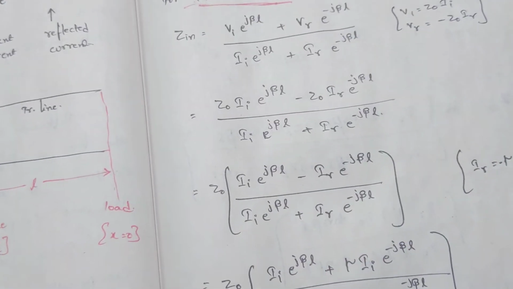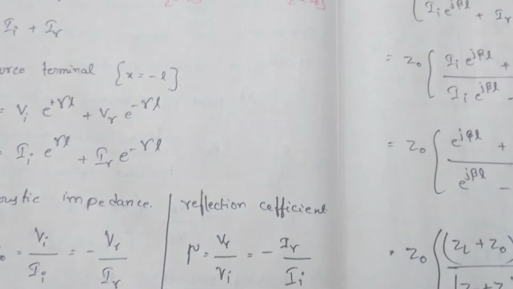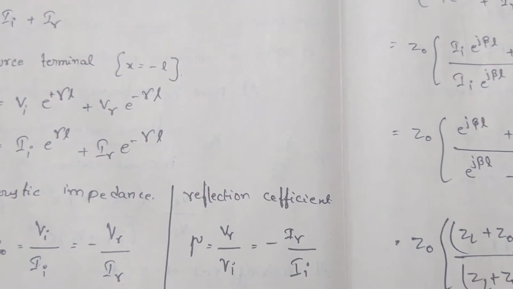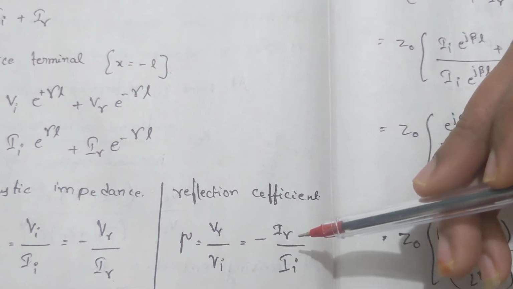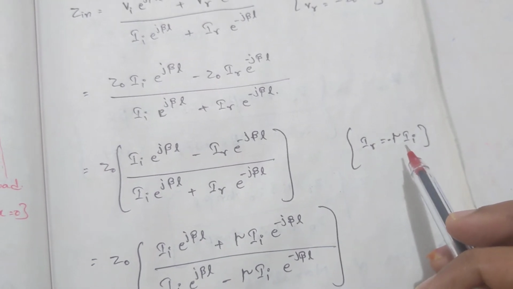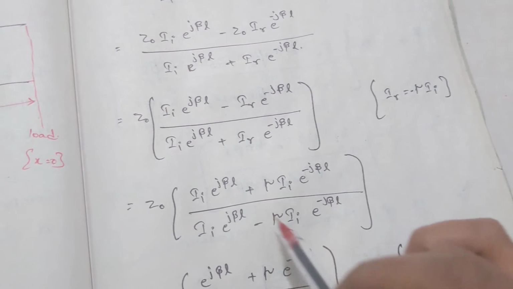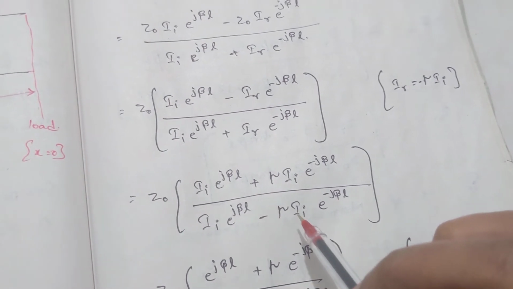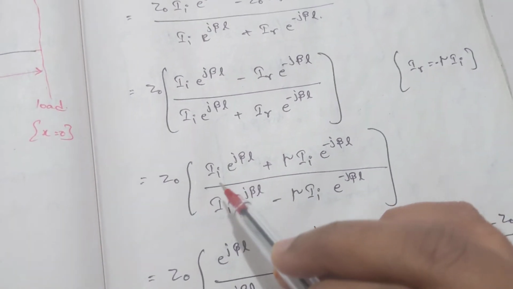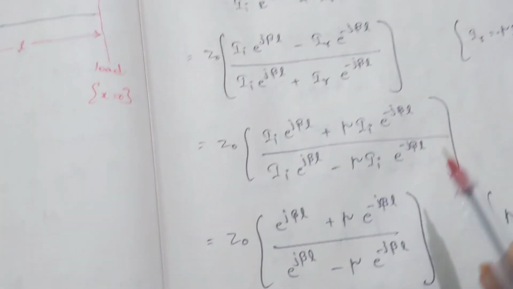By using your reflection coefficient, we make it common in terms of the reflected current: IR equals minus reflection coefficient into II. Now the expression is in terms of the incident current II, so take it out common, and the numerator and denominator will cancel.